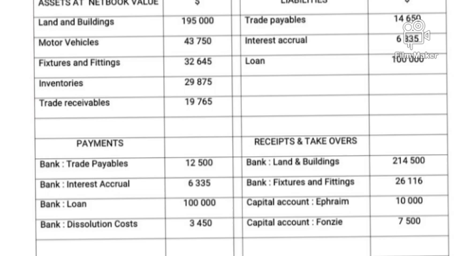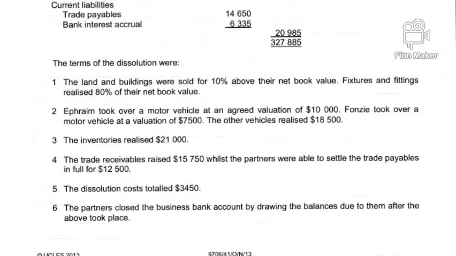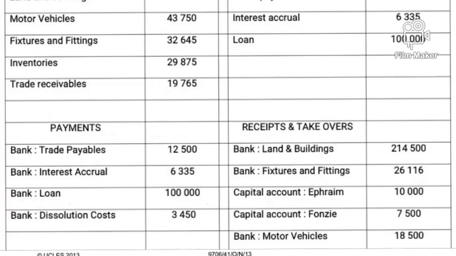But the remaining vehicles realized 18,500. It means that the remaining vehicles were not taken over, but they were sold. Hence, I'm going to write the detail bank, semicolon, motor vehicles, 18,500. We are now moving on to note number 3.